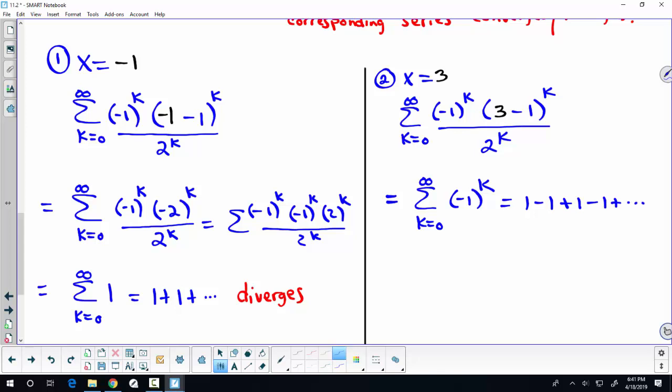Okay, so that sum, depending on how many terms you add, if you add the first 2, you get 0. You add the first 3, you get 1. The next one, you add -1 to that, so it's 0 again. The sum is either always 1 or it's 0. So it doesn't have a finite value. Depending on where you stop, it's 1 or 0. So this diverges as well.